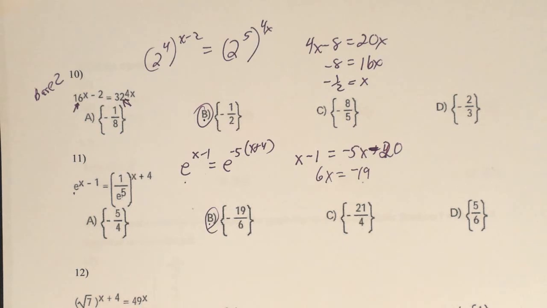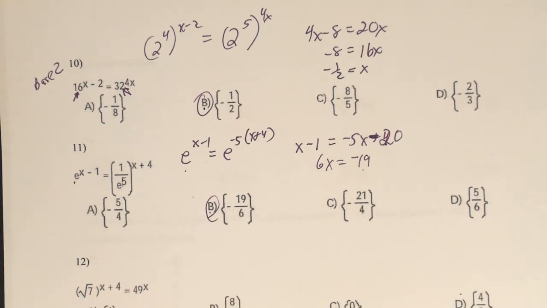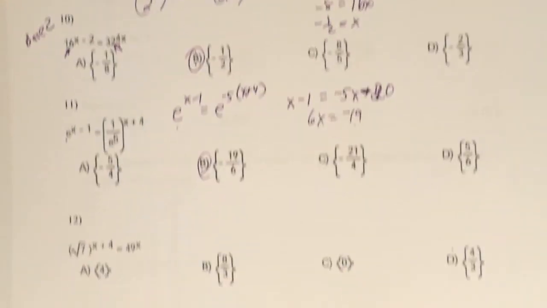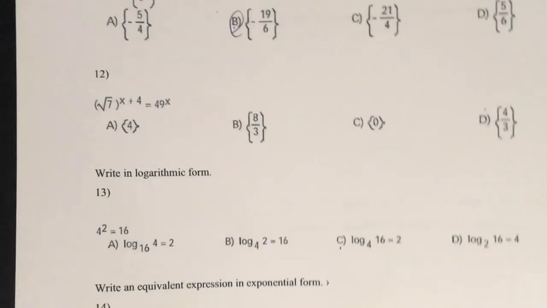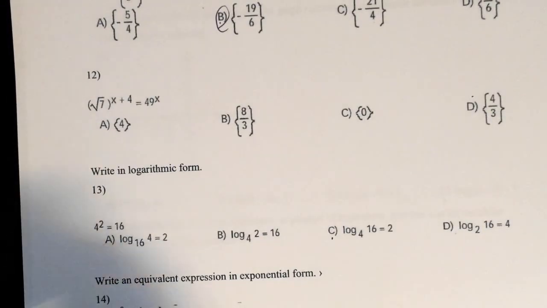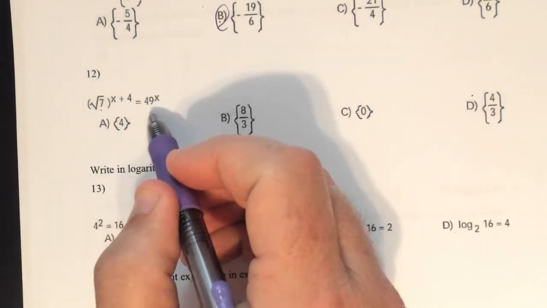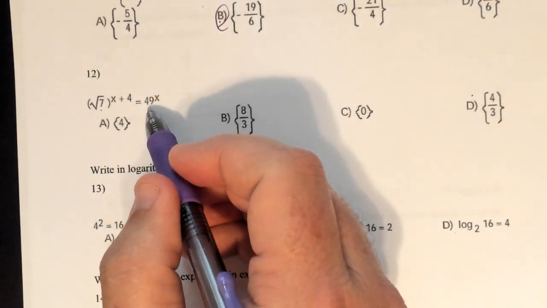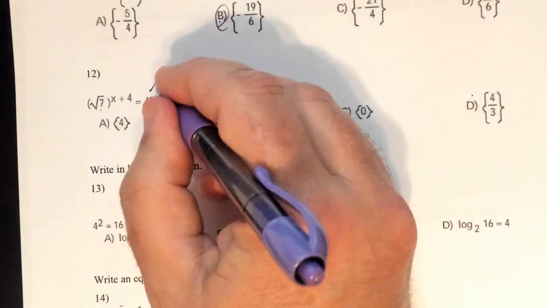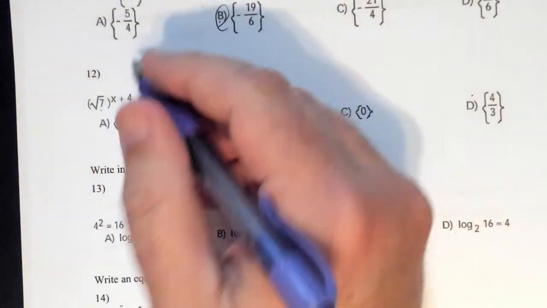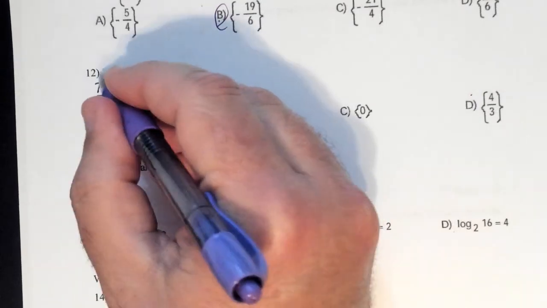And then 12 is one more of the same bases. If you look at your numbers, there's a 7 and a 49. Well, I know 49 can be written as 7 squared. Square root of 7, if you remember back last semester, this would be 7 to the 1/2.